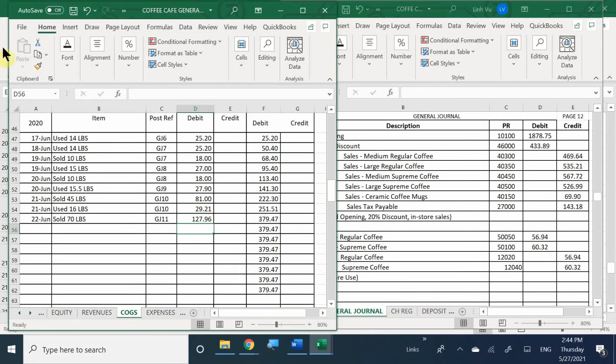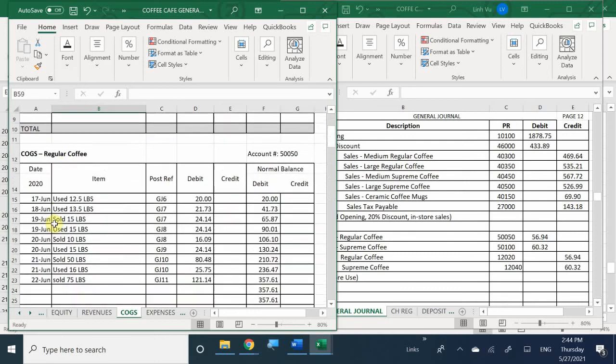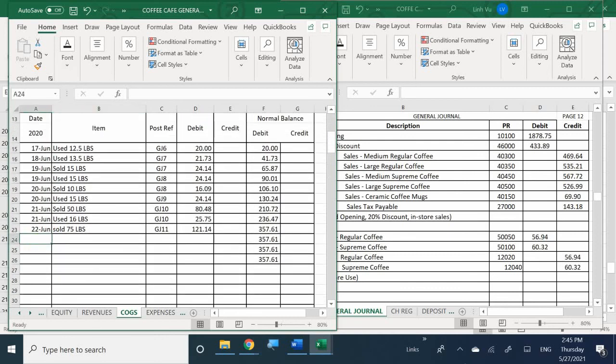Okay. Cost of goods sold, regular coffee, 622. We used 35 and a quarter pounds. General Journal 12 for 56.94, which brings our current running balance to $414.55. Okay.